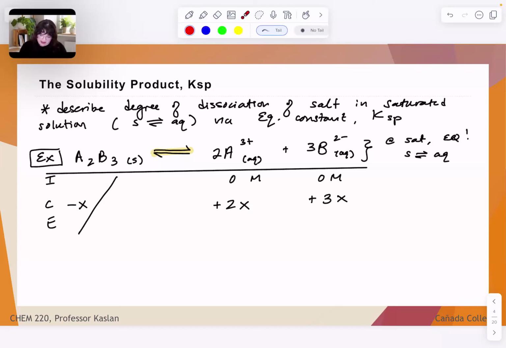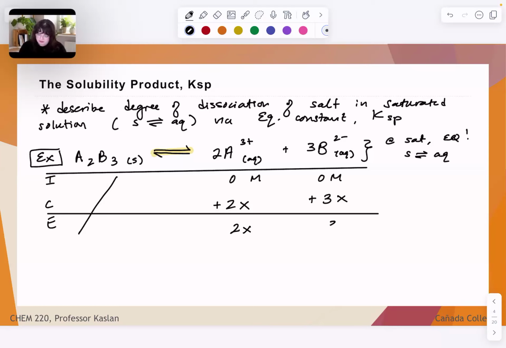So for every amount of solid that's dissolved, I generate twice that amount of A and 3 times that amount of B. That's what this is saying here. Which means that at equilibrium, I've got 0 plus 2x, or 2x, and 0 plus 3x, or 3x.